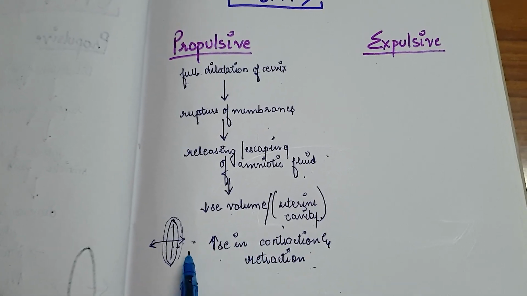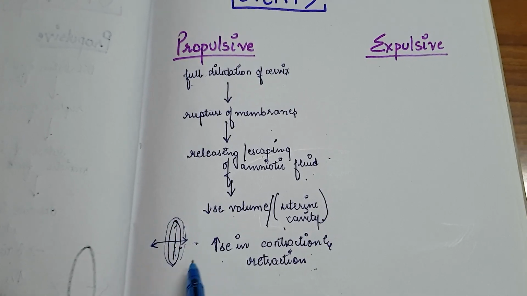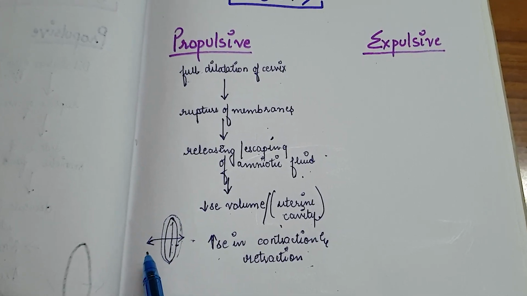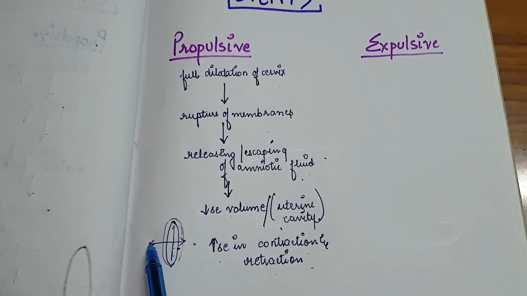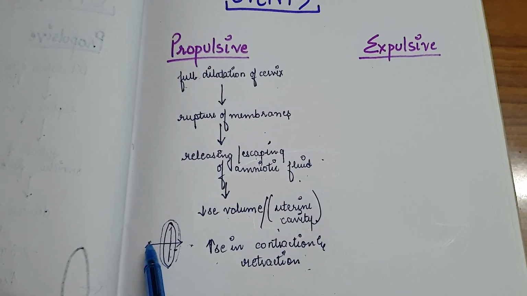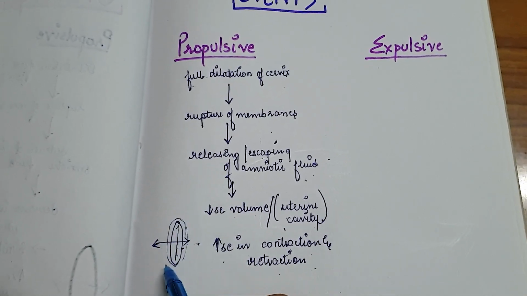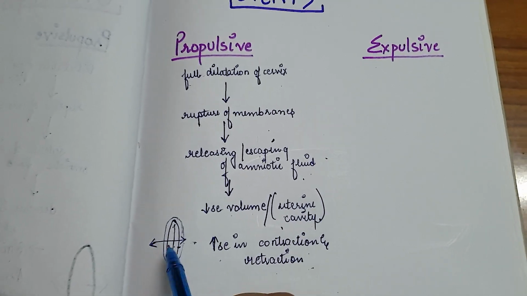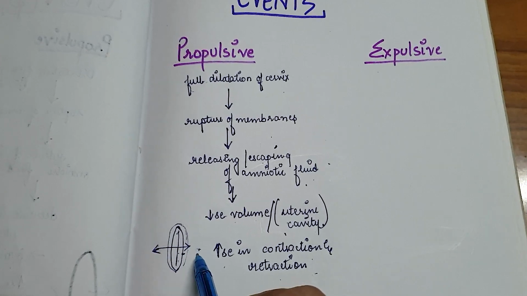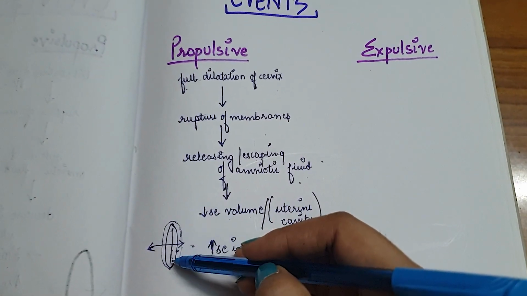So due to the contractions of the circular muscles of the uterus, the transverse diameter of the uterus is decreased while it appears more elongated as the transverse diameter decreases. This happens so that the fetal axis remains straight.